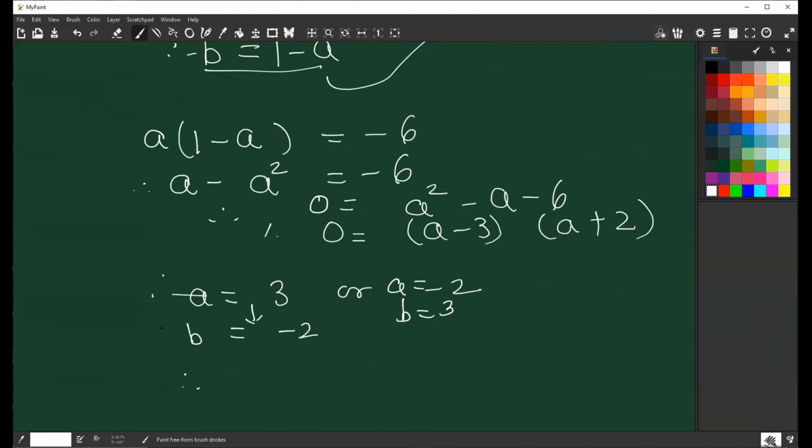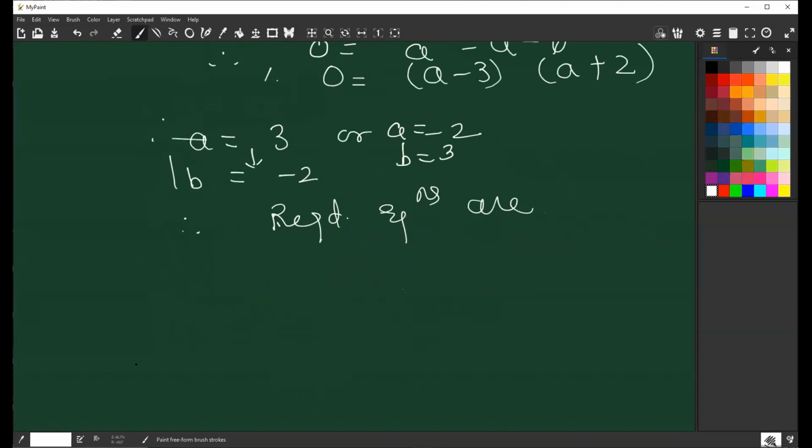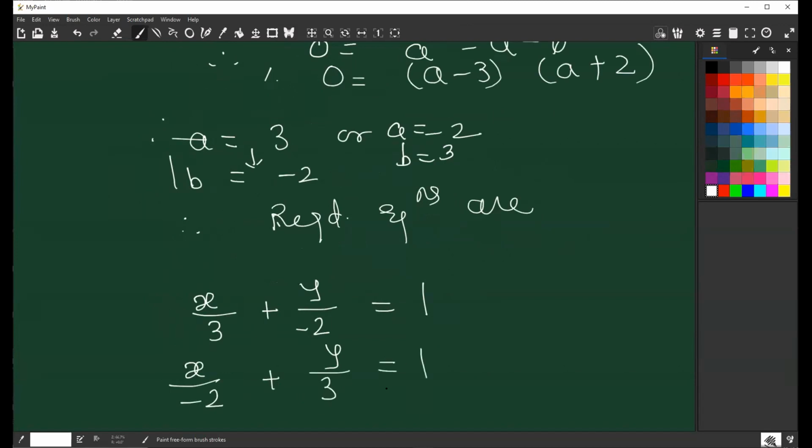Therefore, the required equations are: the first equation, I'll use the first case. So it is x upon x intercept plus y upon y intercept is equal to 1. You simplify this. And the second is x upon x intercept plus y upon y intercept is equal to 1. Correct? So I think most of you have got it right.